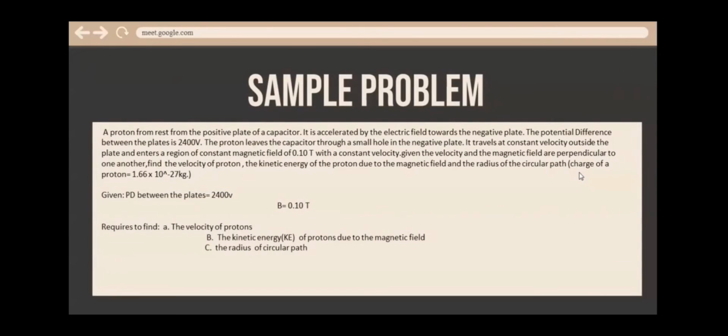Sample problem. A proton starting from rest at the positive plate of a capacitor is accelerated by the electric field towards the negative plate. The potential difference between the plates is 2,400 volts. The proton leaves the capacitor through a small hole in the negative plate. It travels at constant velocity outside the plate and enters a region of constant magnetic field of 0.10 Tesla.